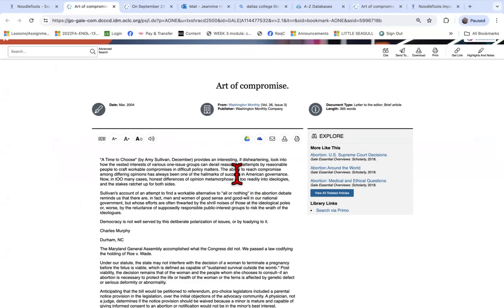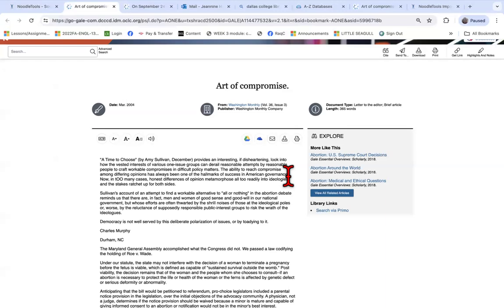"A Time to Choose," and we're going to skim through it, provides an interesting, if disheartening, look into how vested interests of various one-issue groups can derail reasonable attempts by reasonable people to craft workable compromises in difficult policy matters, and this would be one of them. So I'm going to go through here. The ability to reach compromise among differing opinions has always been one of the hallmarks of success in American governance.